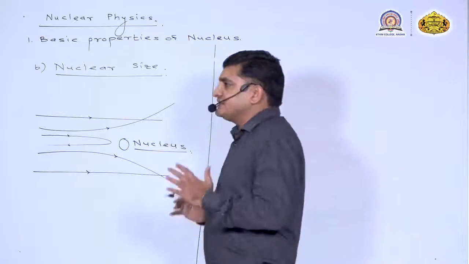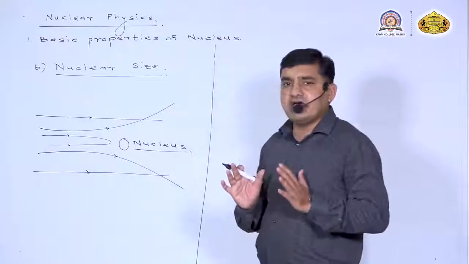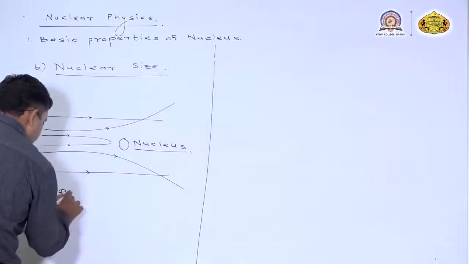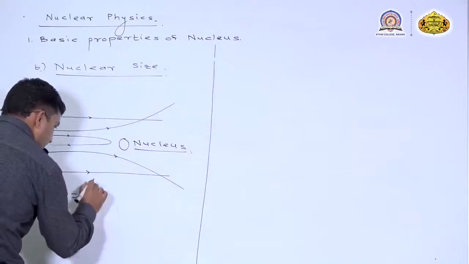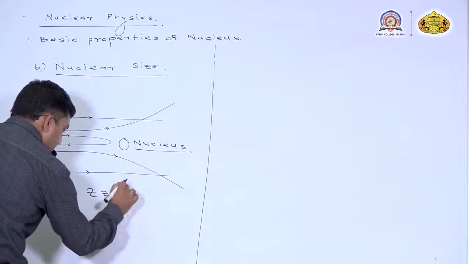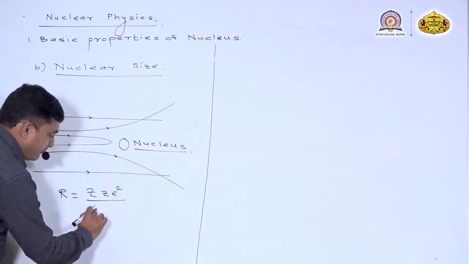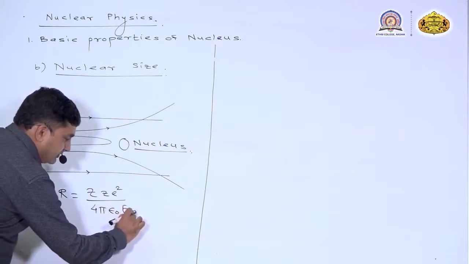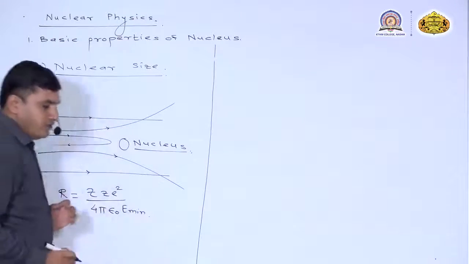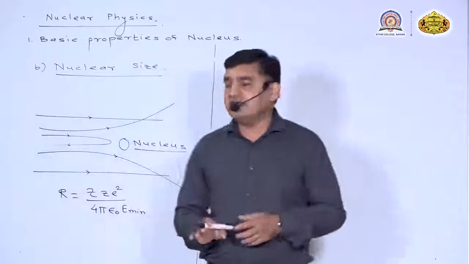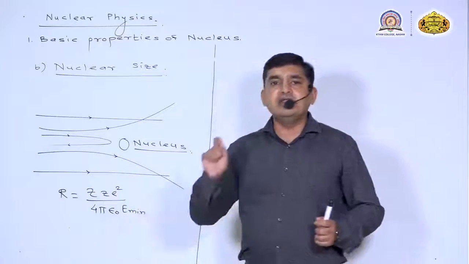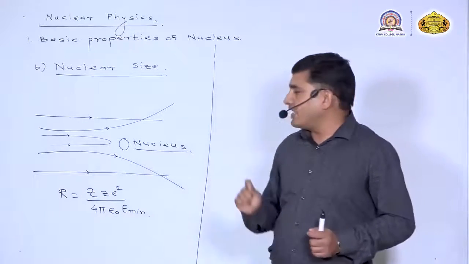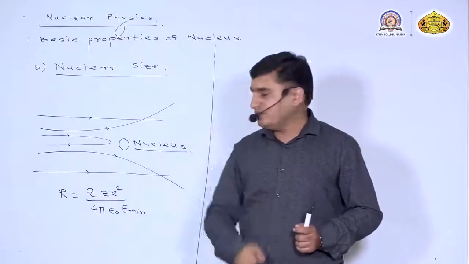And the closest distance of approach is R equal to capital Z into small z e square divided by 4 pi epsilon into E minimum, where capital Z is the atomic number of the target nucleus, that is the atomic number of gold.